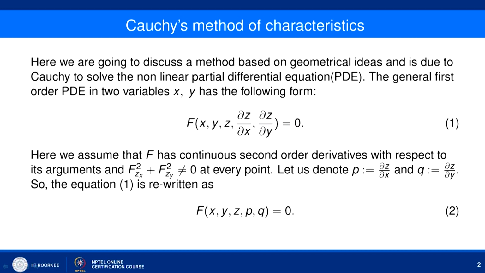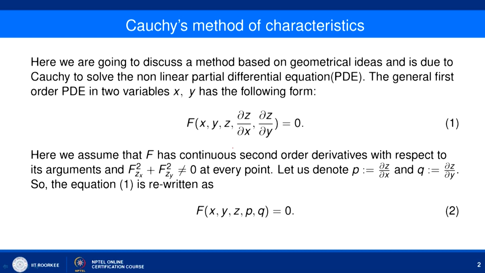Here we assume that f has continuous second order partial derivatives with respect to its arguments, and also we assume that f_zx squared plus f_zy whole squared is not equal to 0.